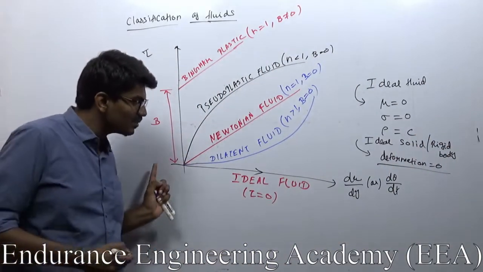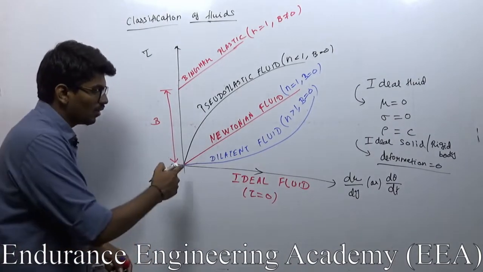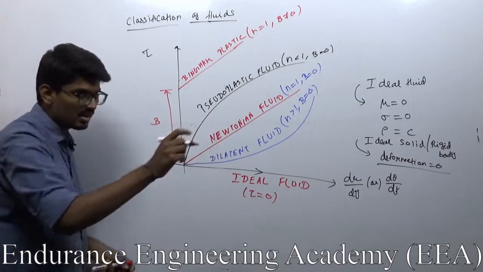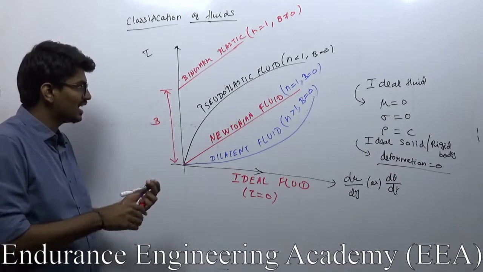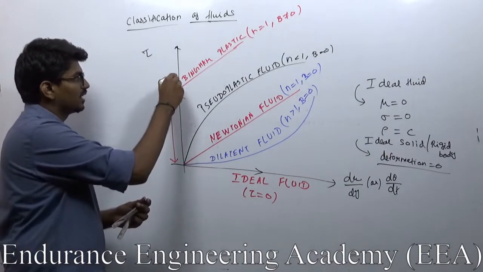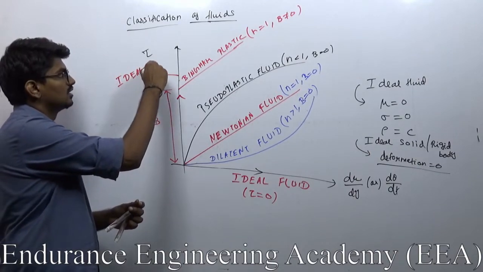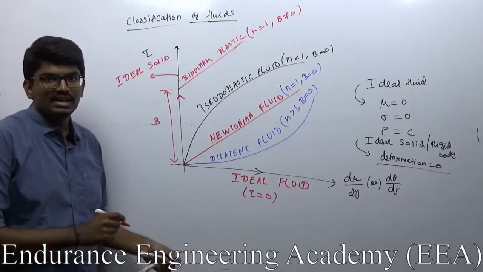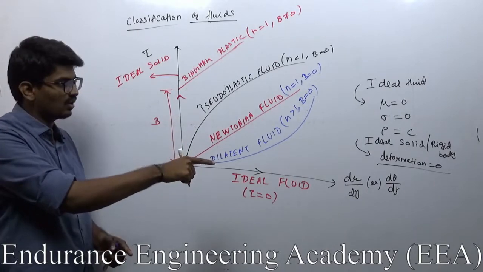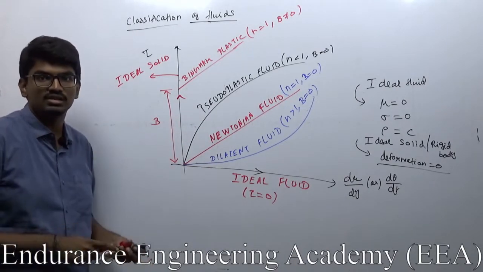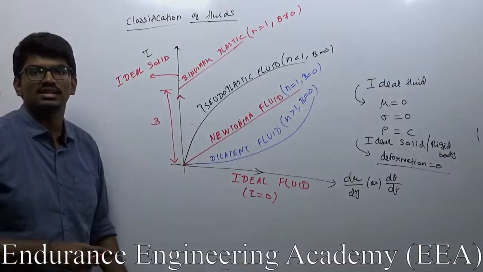In this graph deformation is the x-axis, so x will always be 0, which means the y-axis corresponds to ideal solid. So ideal solid is where the deformation is 0, and ideal fluid is where the shear stress is 0, with no resistance against shear stress.